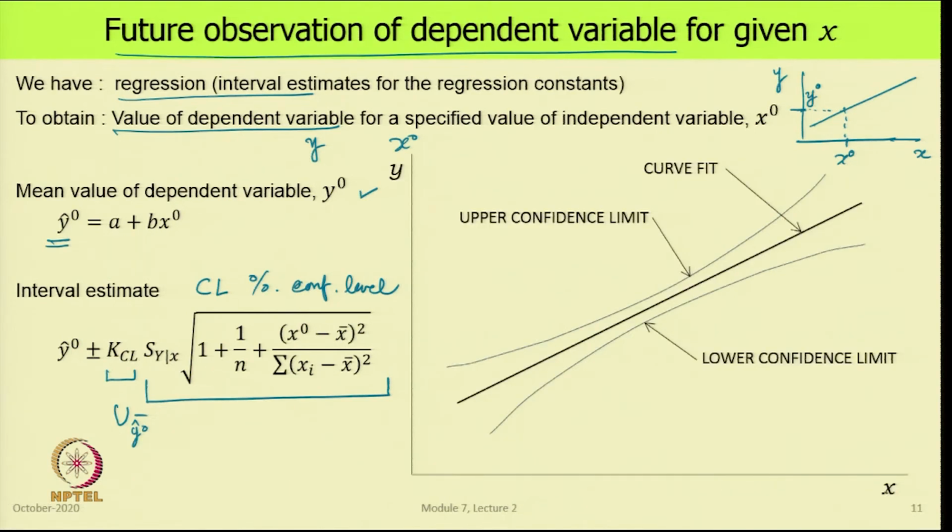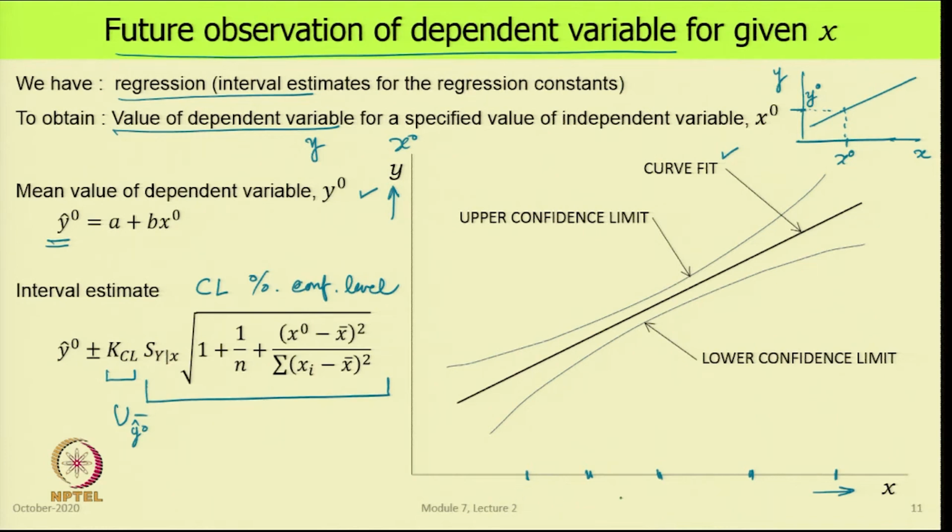Here we have plotted x on this axis and y over here, and our sample regression, which is our curve fit, is this black line. So, that is our curve fit. And now, we say if x 0 was here, here, here, there or there, what will be the uncertainty?